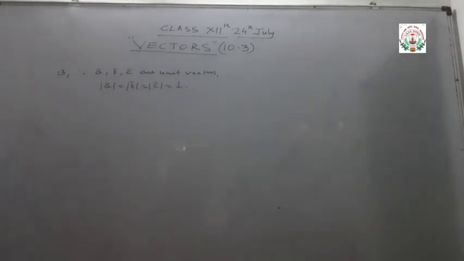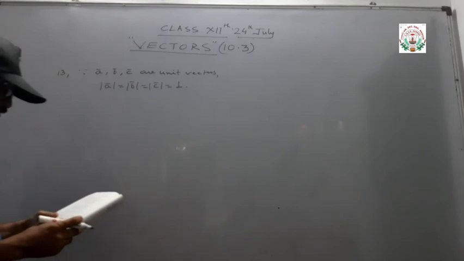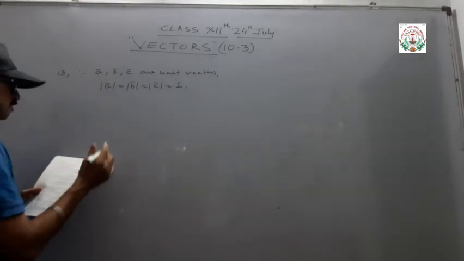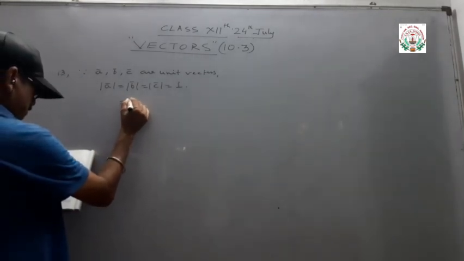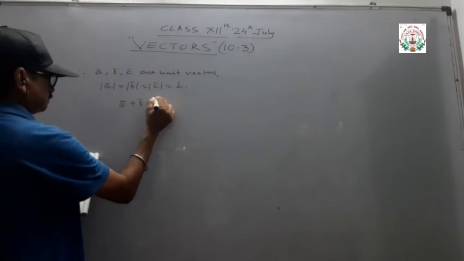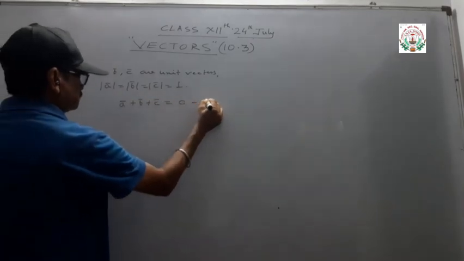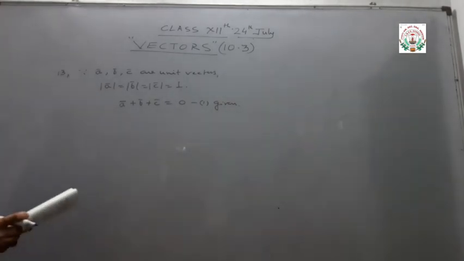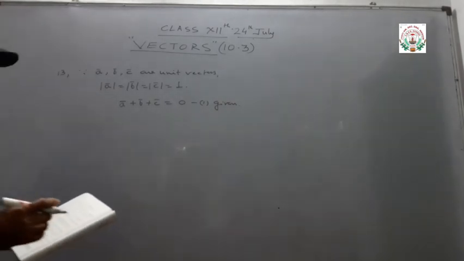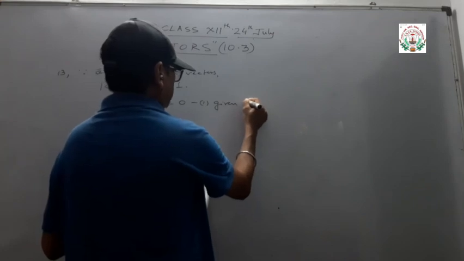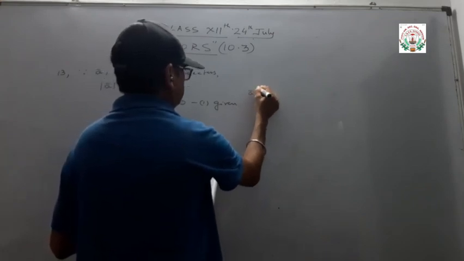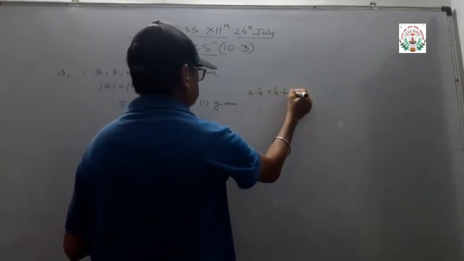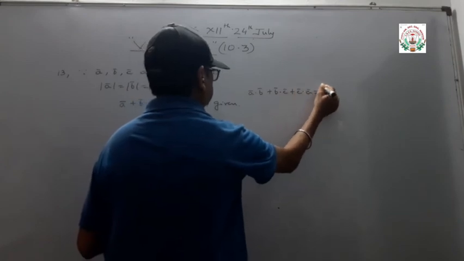Modulus of A, B and C will be equal to 1. And it is given the condition that vector A plus vector B plus vector C is equal to 0. It is given to us and we have to calculate the value of A dot B plus B dot C plus C dot A, इसकी वैल्यू क्या होगी.